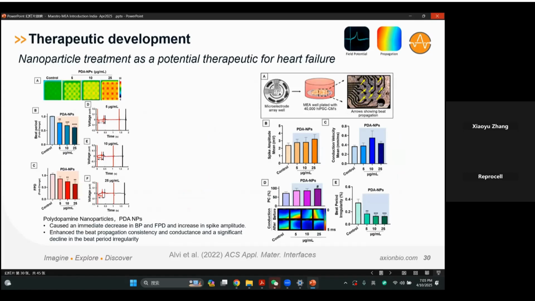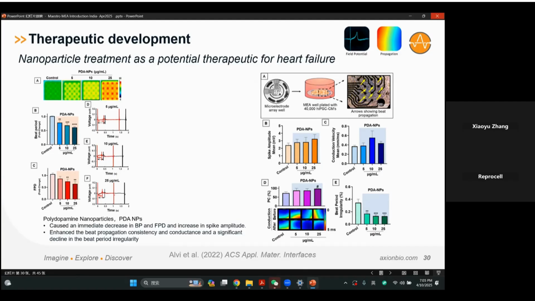And here is another example that detects both the field potential and the propagation of cardiomyocytes for myocardial infarction research. In this paper, the team used polydopamine nanoparticles as a bioactive agent to treat the cardiomyocytes.